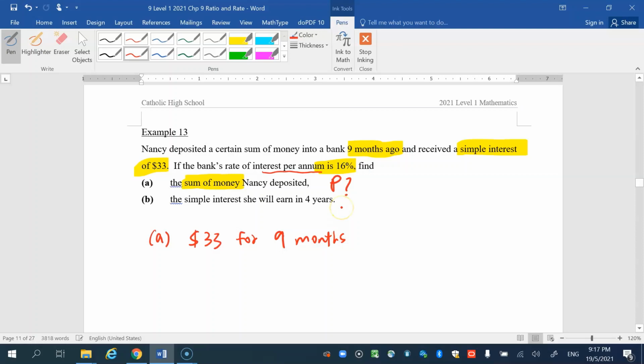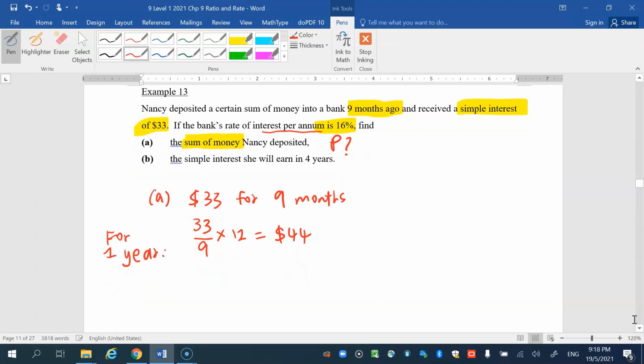So in order to find the amount for 1 year, we take 33 divided by 9 and multiply by 12 months. Okay, and we get $44. This is for 1 year. This is the amount she would have gotten.